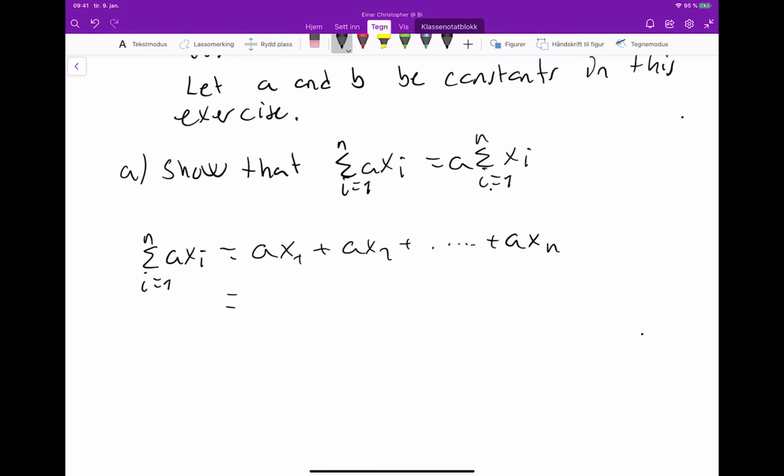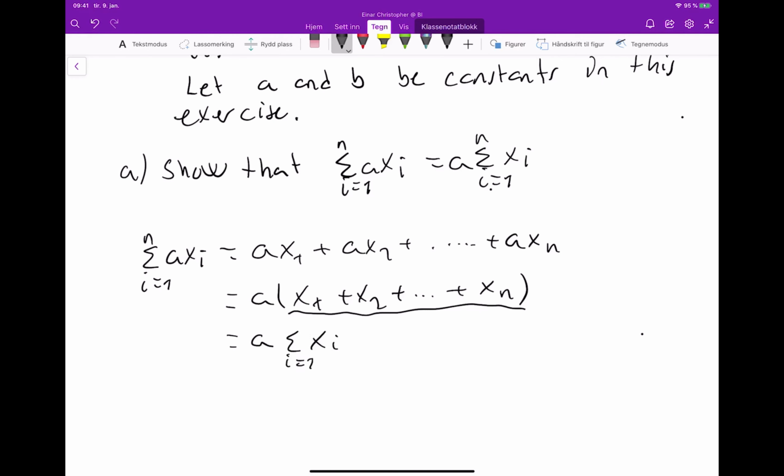And here we can see that we can factorize a outside a parenthesis like this. And then we get what we are going to show, because what's in the parenthesis now is just the sum of the xi's from i equal 1 to n.